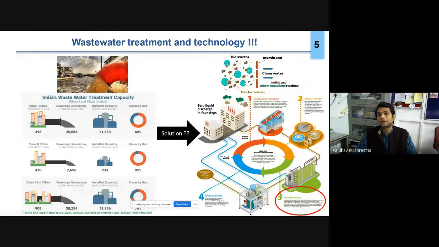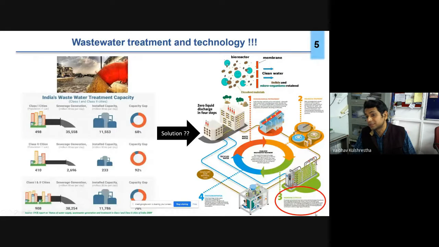This is the only solution where we can treat our whole water. Here you can see membrane is the technology where we can get our water back by different means. First is the physico-chemical pre-treatment of the sewage water, then biological treatment via different bacteria, which degrade the pollution, then it goes to membrane filtration.